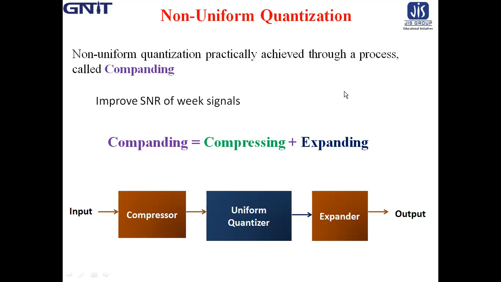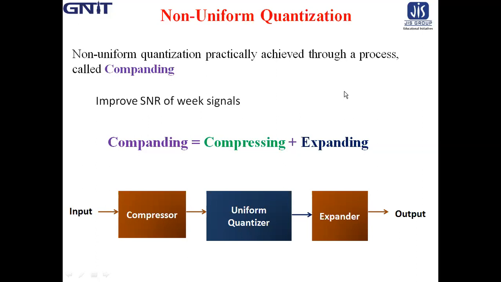It is proportional to the square of the signal amplitude. Hence, signal power will be small for weak signals, but the quantization noise power is constant. Therefore, the signal to quantization noise ratio for the weak signal is very poor. This will affect the quality of the signal. Then what is the remedy? What is the solution? The solution is companding.